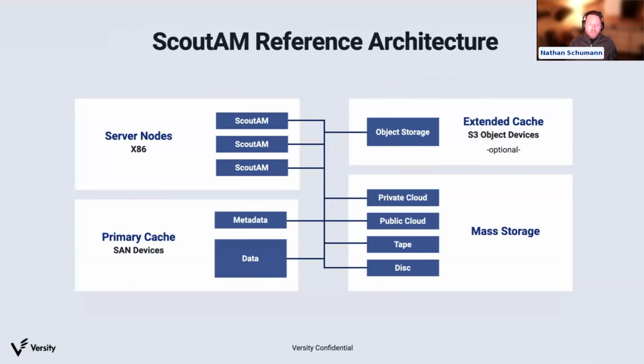In terms of the hardware components that make up a typical ScoutAM system, we've got our ScoutAM nodes that we've already talked about. Our deployment model is a bare metal deployment. So while we talk about Glacier and having an on-premise Glacier, I just want to make sure that folks understand that the product is not a cloud product. It is designed to be an on-premise bare metal deployment.